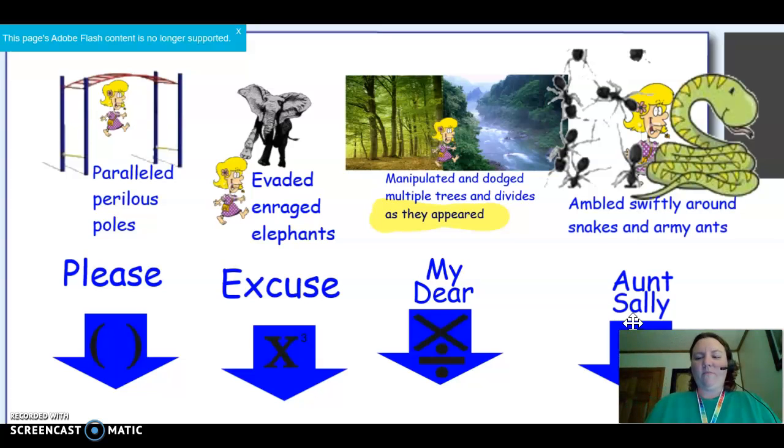I know some of you are rolling your eyes at that wordplay, but for others whose learning style is to learn through words and through story, that memory device and that story of Aunt Sally might help you remember our order of operations when our math problems get complex and complicated later this year.